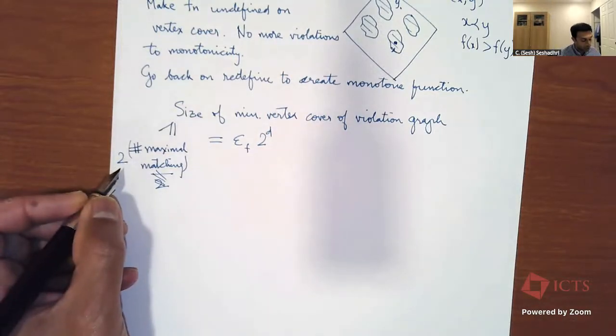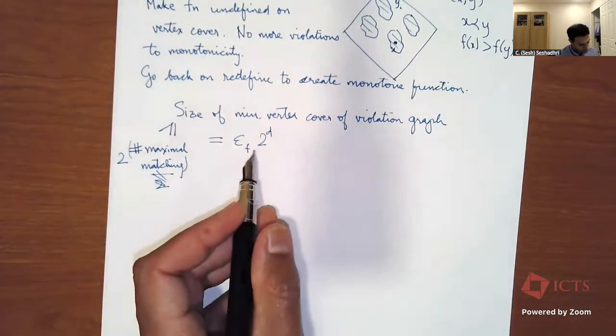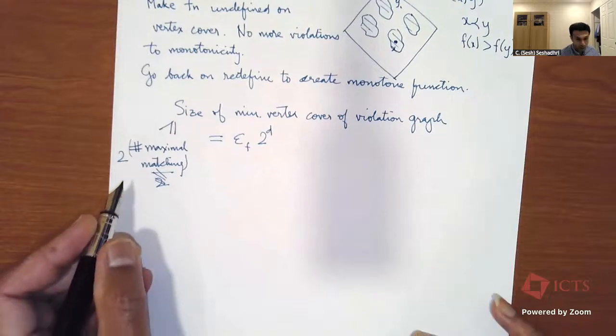So 2 times the size of a maximal matching is at least the size of the min vertex cover, which is at least epsilon times 2 to the d.